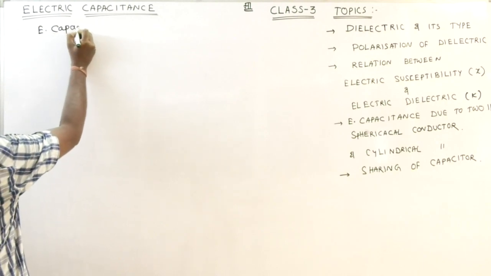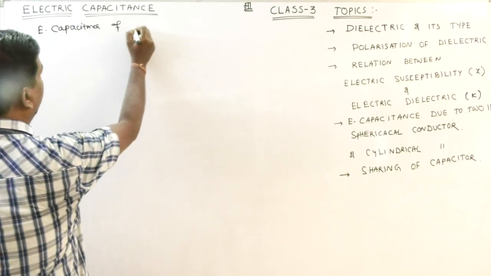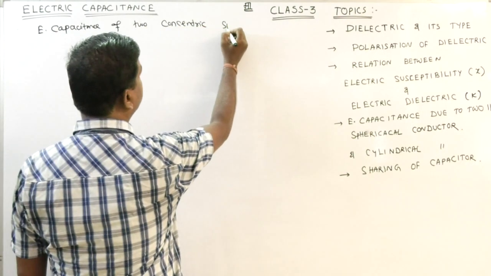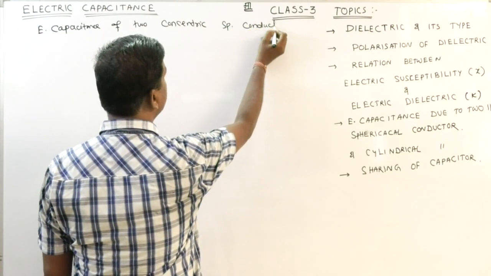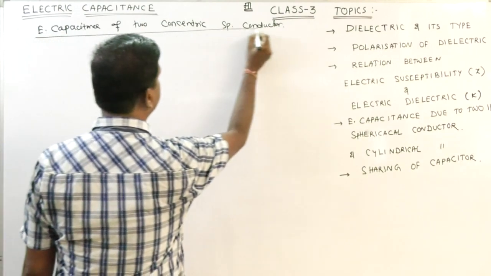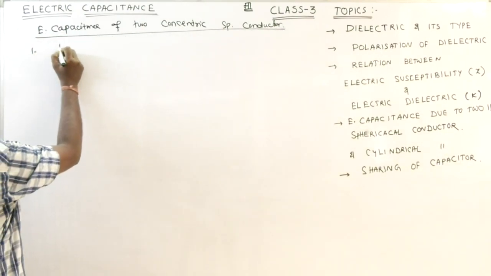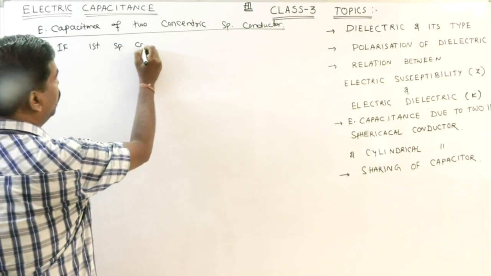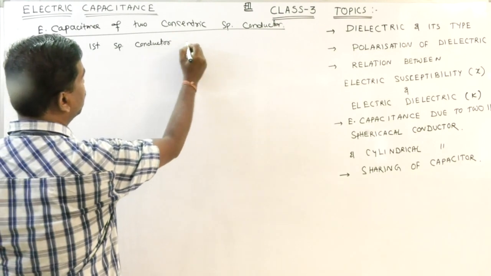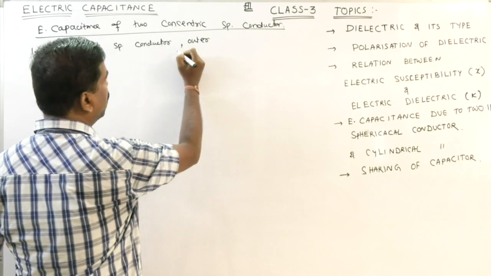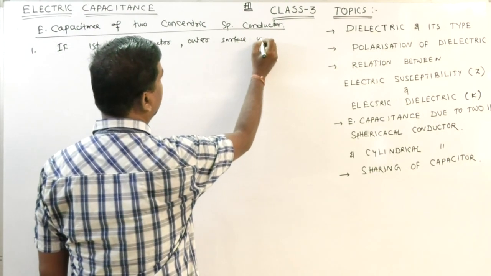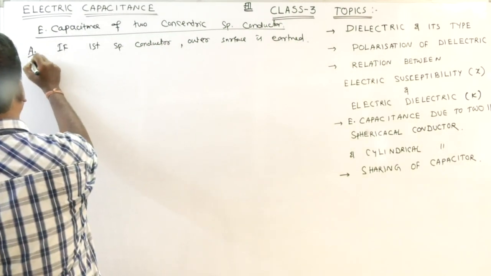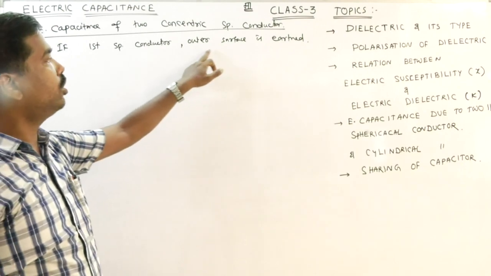Electric capacitance of two concentric spherical conductors, if the outer surface of the first spherical conductor is earthed.